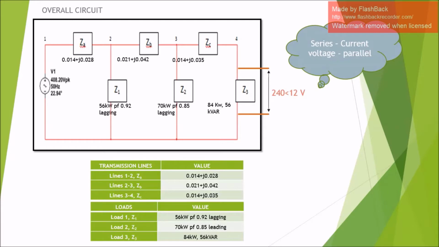For the calculation, we're going to calculate the current, voltage, and impedance across load by simplifying the circuit. Based on the information given of value of power at each load, we can calculate the impedance by using the formula of S equal to V square over Z conjugate, since voltage drop at Z3 is given.